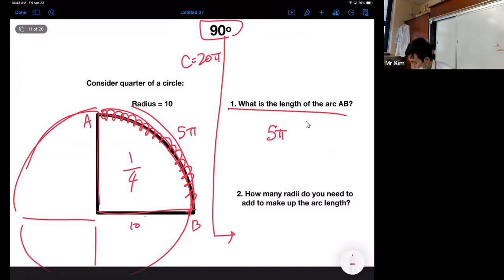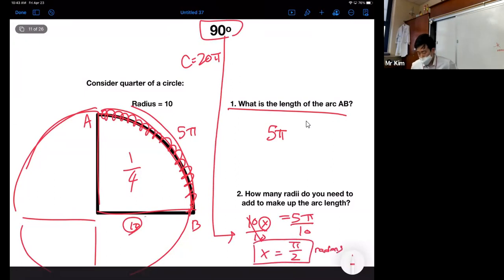Same thing. I do 10 times x, because the radius is the length of 10. How many of those do I need to get 5 pi? Divide by 10. I get x is equal to pi over 2 radians. So 90 degrees is equivalent to saying pi over 2 radians there.